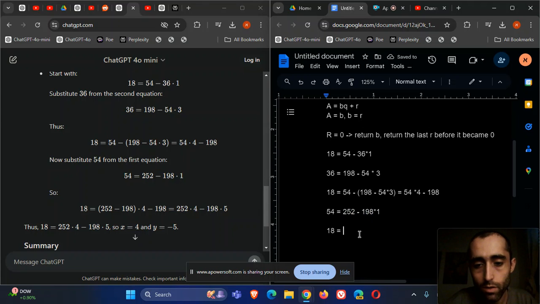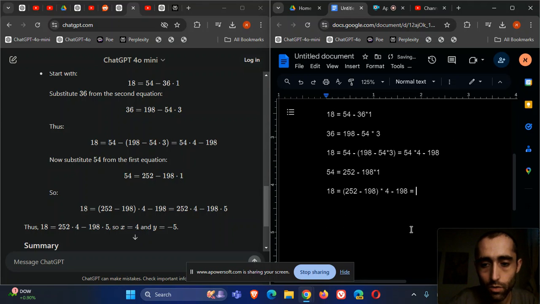I can use this, so just 252 minus 198 times 4, which comes from here, and minus 198. Now solve this and get 252 minus, from here 4 times, from here 1 time, so it's 5 times 198. Great, so I got this equation.